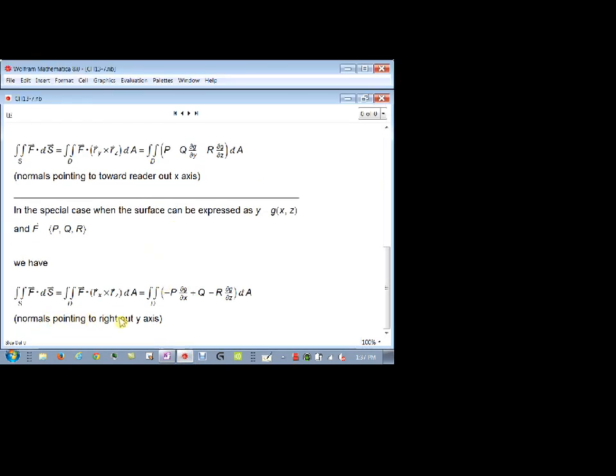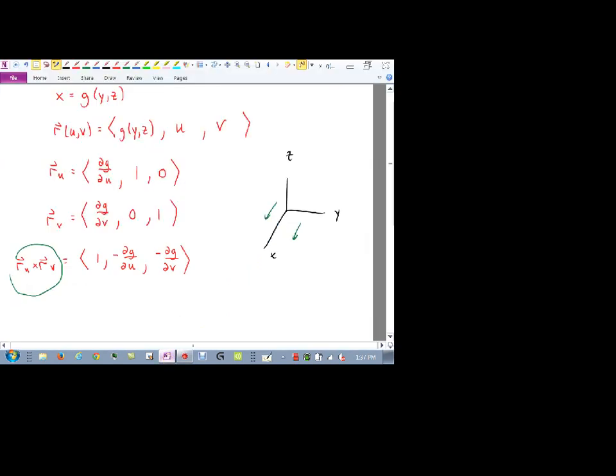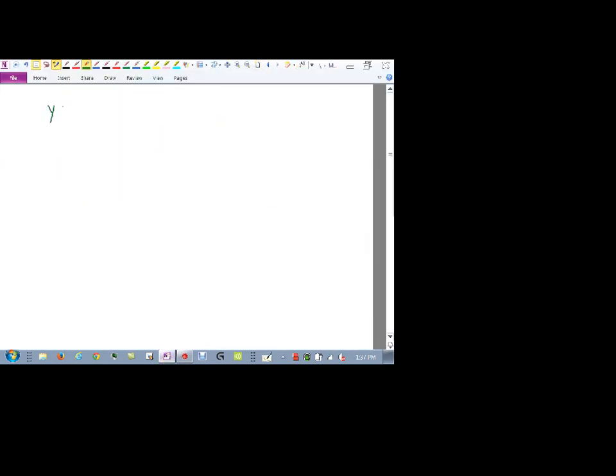I just never pointed out where those normals were pointing. So what if we have y as a function of x and z? Then I can rewrite this as r of uv equals, well, x will be u, z will be v, and my y is some function of those two.